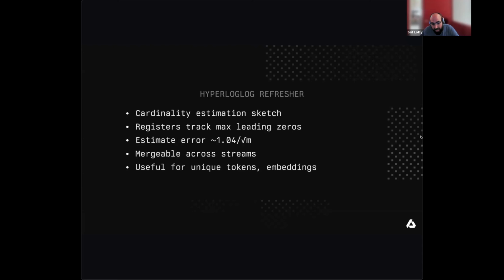Whereas if I try to do that with a hash set, I would absolutely run out of memory. But again, the trade-off is there's a 0.8% error. It's useful when you ask something like, how many people downloaded this app? A lot of stores will just write 10 million plus. If it's 10 million plus, you don't really care if there were 10 extra or 10 fewer. It's the ballpark.